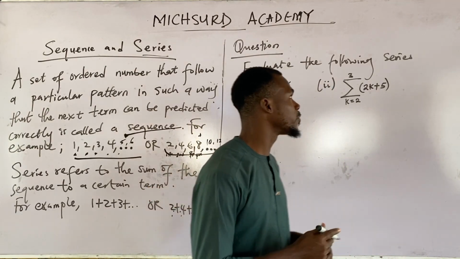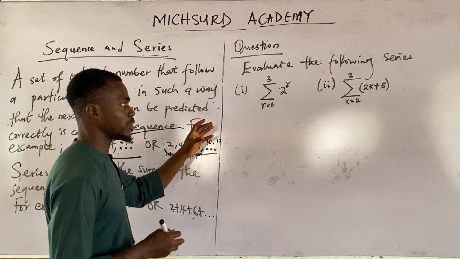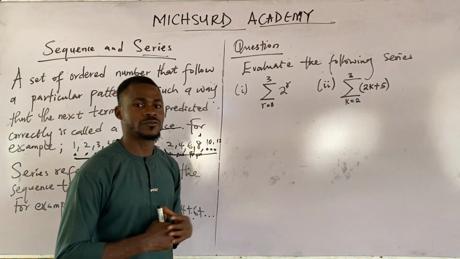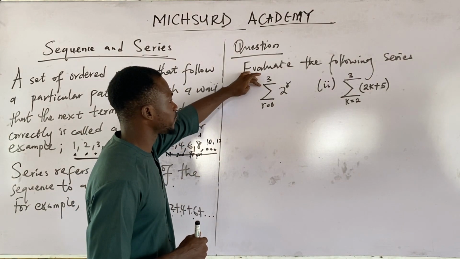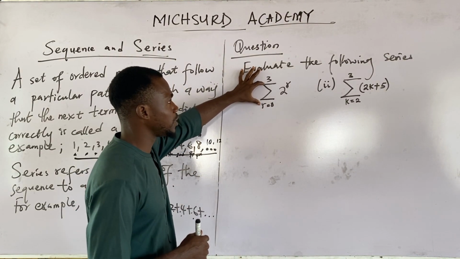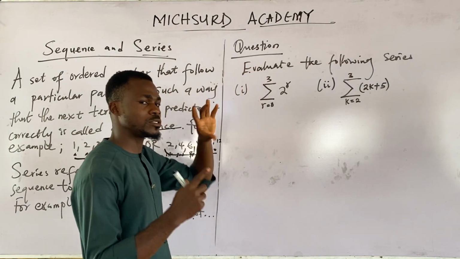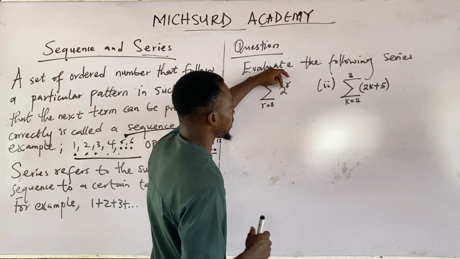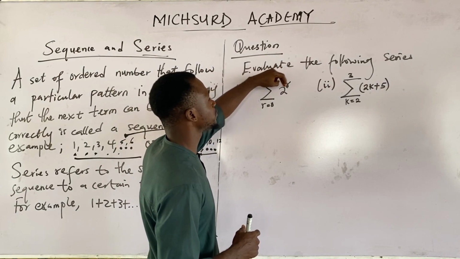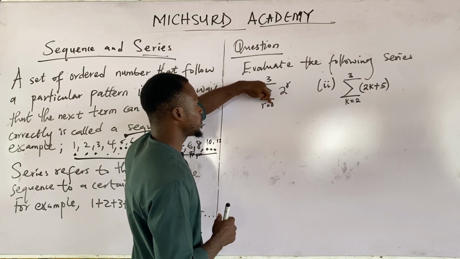Now, we have a question on the board that has to do with series, and we want to evaluate each of these series. From the first question, we have the summation. This sign here means summation. Whenever you see this in math, we are talking about what? The summation. We have the summation of a particular formula, which is 2 raised to power r, and this indicates that r starts from 0 and goes to what?